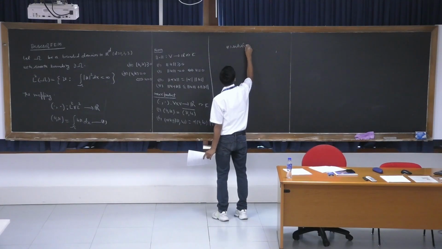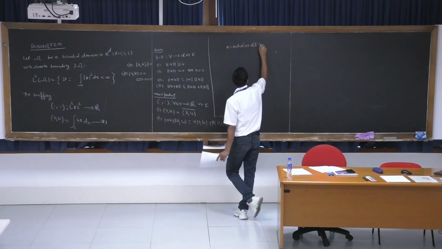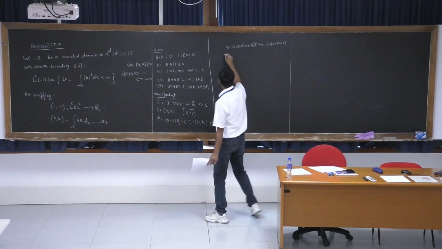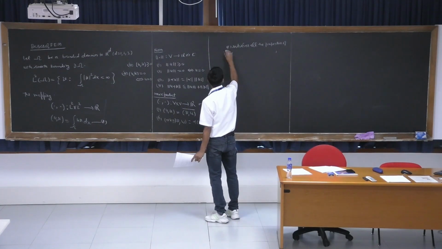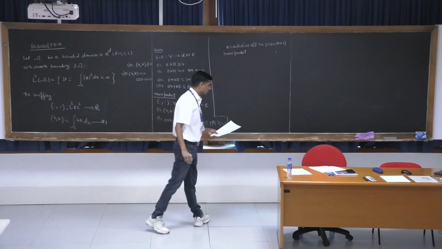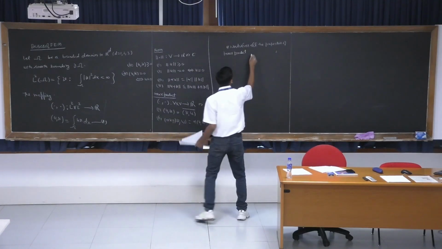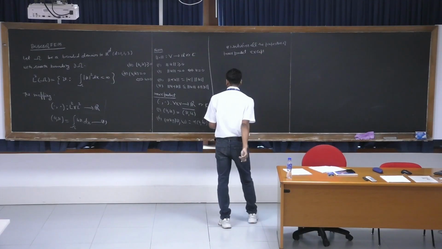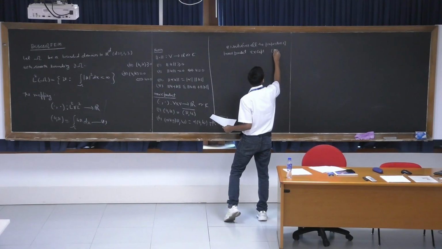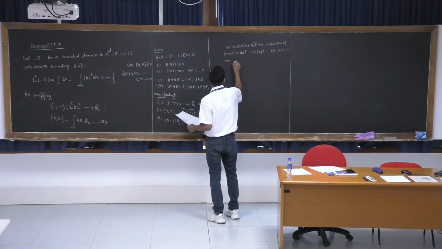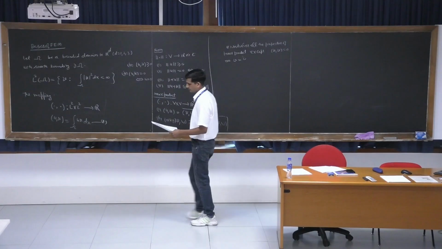I can say star satisfies all the properties of inner product except this one: inner product of V with V equal to 0 implies V is equal to 0.